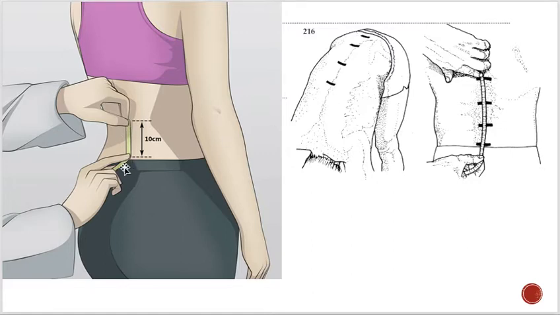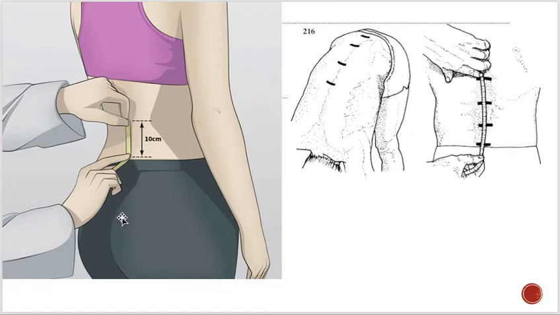One mark is 10 centimeters above the dimples of Venus. When you look at the back of the patient, you will find dimples on both sides; they are called dimples of Venus. So one mark we put around 10 centimeters above, and one mark 5 centimeters below.